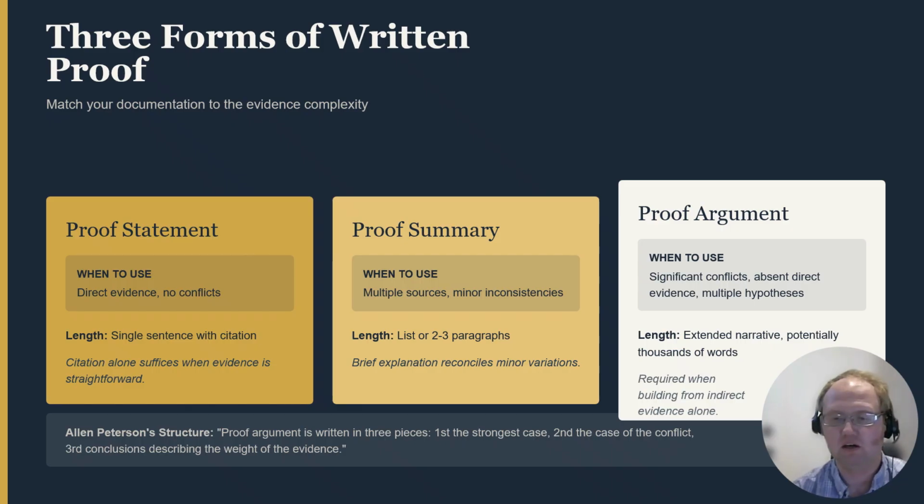Second, you have to describe any conflicts, the case of the conflict, and then conclusions describing the weight of evidence where one such scenario that the documents can support overrules the other as to what you finally believe in and what should be ultimately believed in as being the truth.